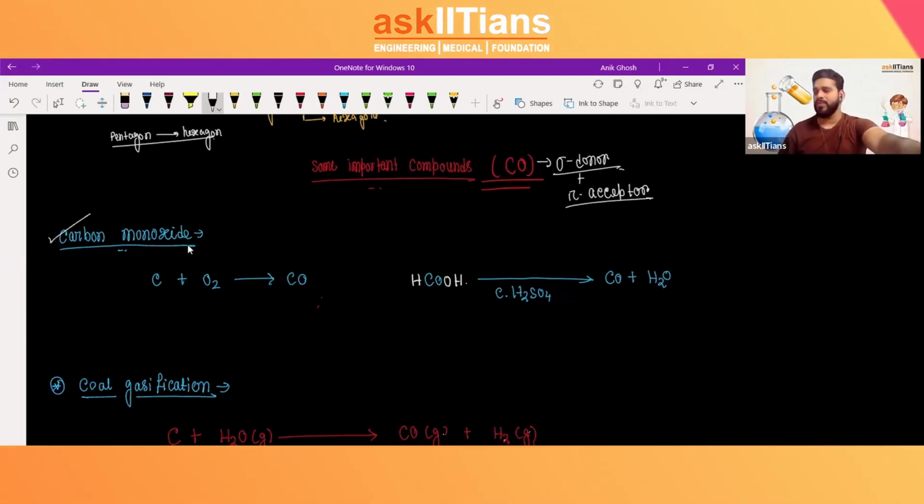Now coming to the part of carbon monoxide. How do we form carbon monoxide? Guys, you know that when any carbon species or any hydrocarbon species is partially burned, that is, partially oxidized, we get carbon monoxide out of it. But guys, are we making it by this method in industries?